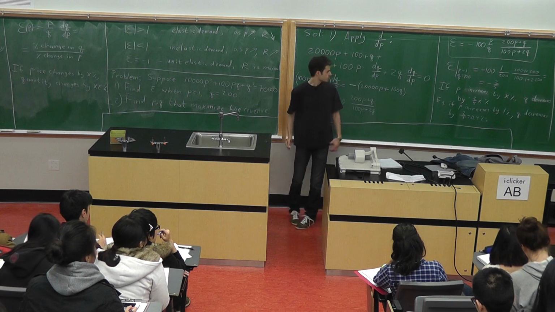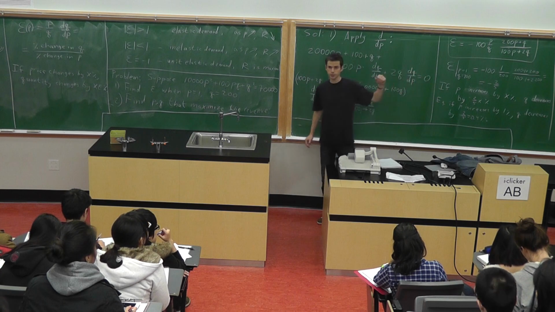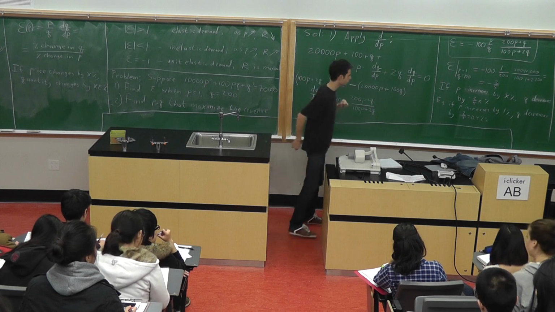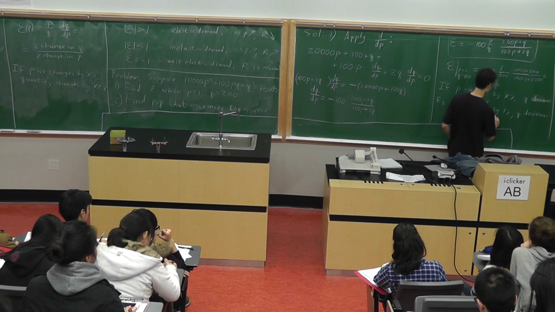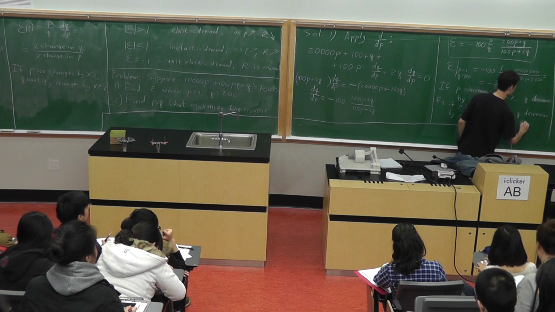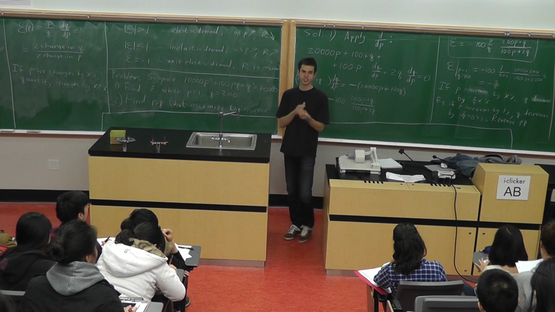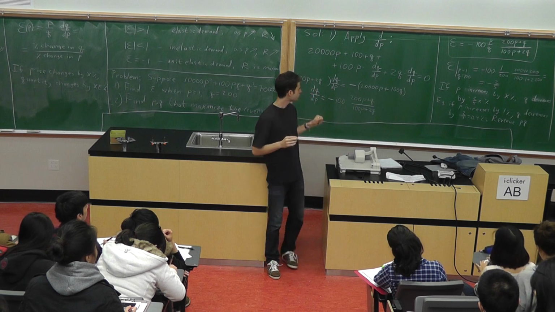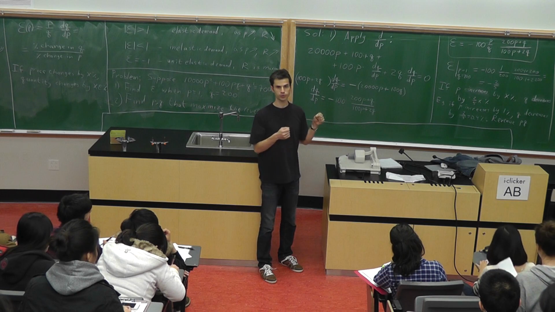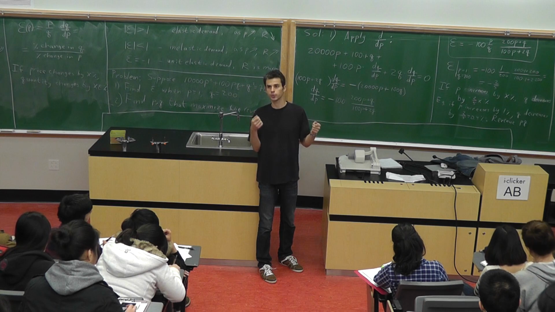So if the price increases by 1%, the quantity will decrease by just 0.4%. What will happen to the revenue? Well, revenue is price times quantity. If you increase the price by 1% and decrease the quantity by 0.4%, it means that the product will increase by 0.6%.